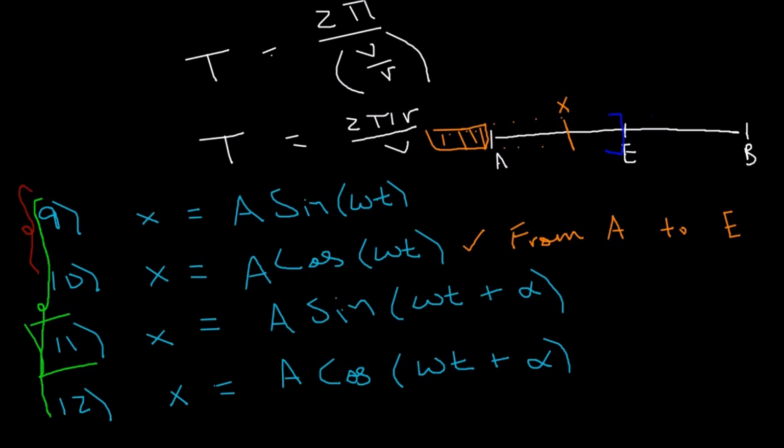So it was at the center and now it's moving away from the center in this direction to the right. Before, it was moving from the extreme point to the center, and now it's moving from the center towards the extreme point. Now you use this equation, this one, if you're going from the equilibrium to the extreme point. This could be going from E to B or from E to A. You could use it in both cases.